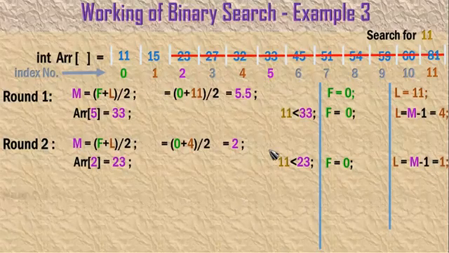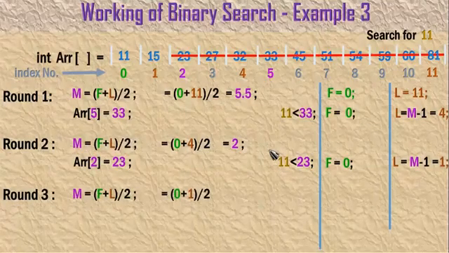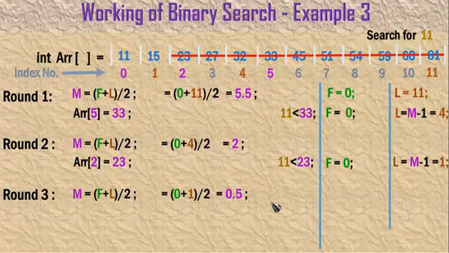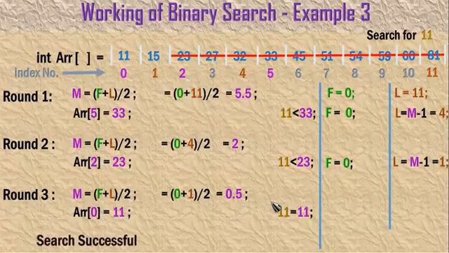So that becomes 1. So at round 3, 0 plus 1 divided by 2 will be 0.5. So we take only 0. At 0, 11 is available, which is equal to the element we are searching for. So the search becomes successful. I will give you the last example where the search element is not available.